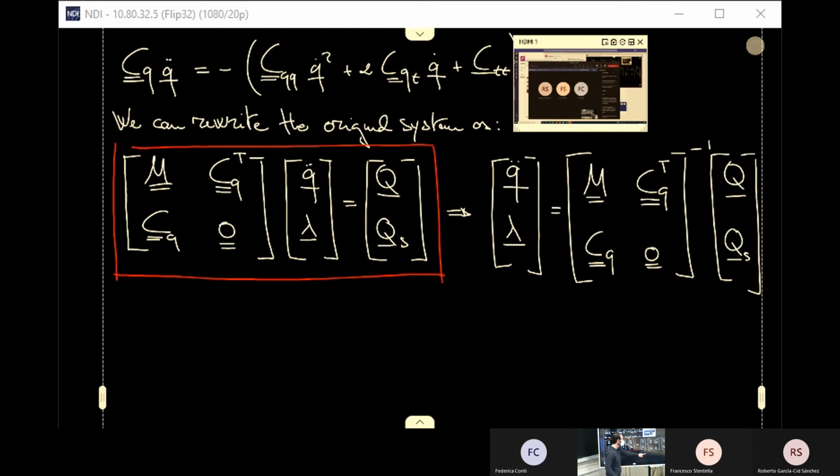And this is actually how your codes work, because this is a formulation that can deal with all kinds of constraints. And this is actually how Adams works.